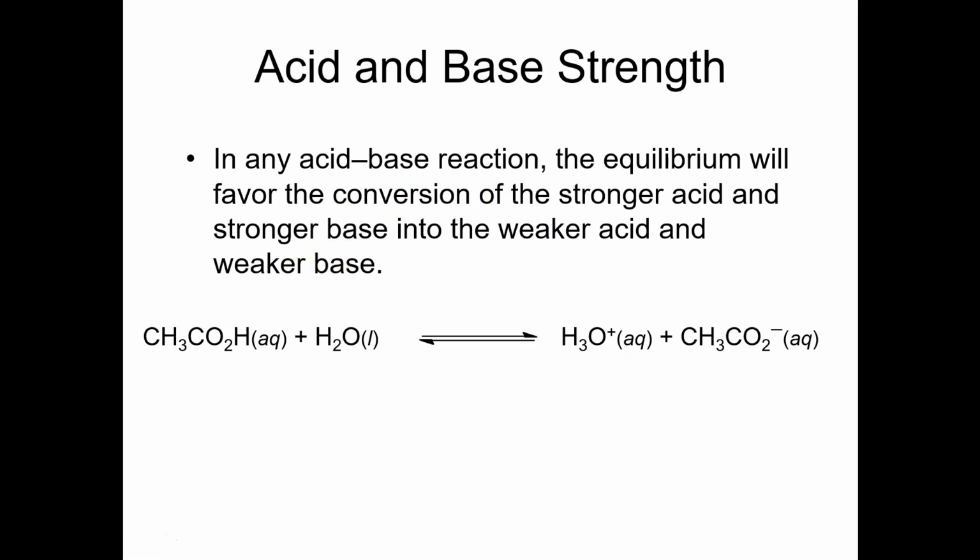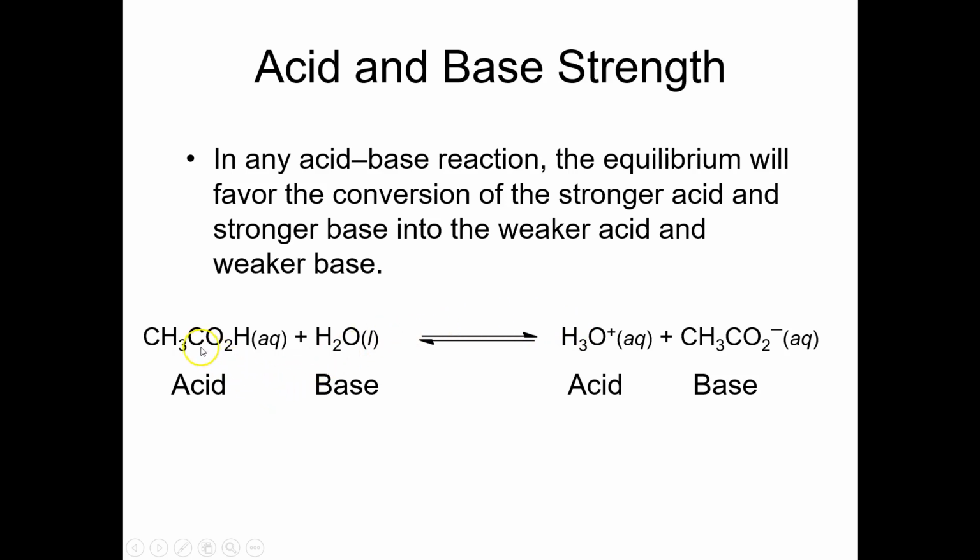So which side is going to be favored at equilibrium here? The first thing to do is to identify your acids and bases. In the forward reaction, acetic acid is the acid, water is the base. In the reverse reaction, hydronium is the acid, acetate is the base.